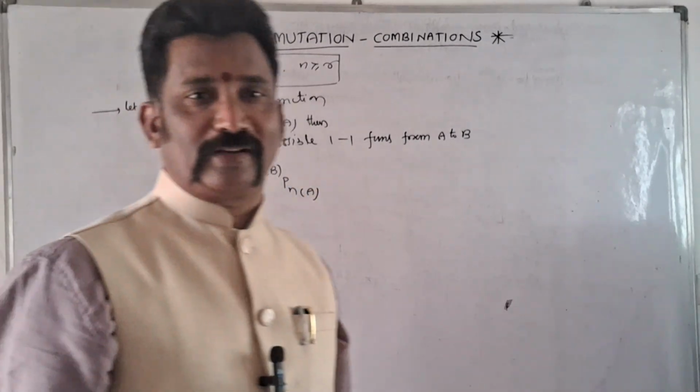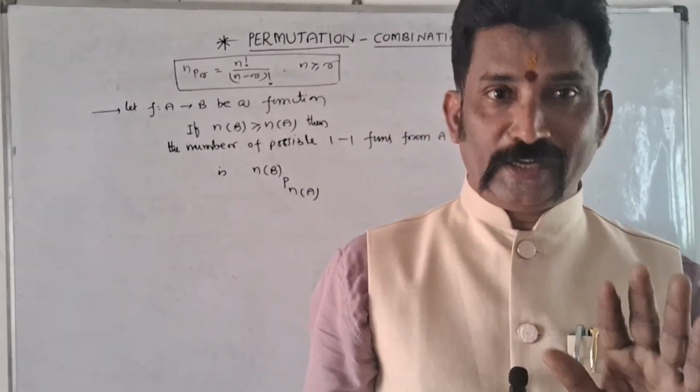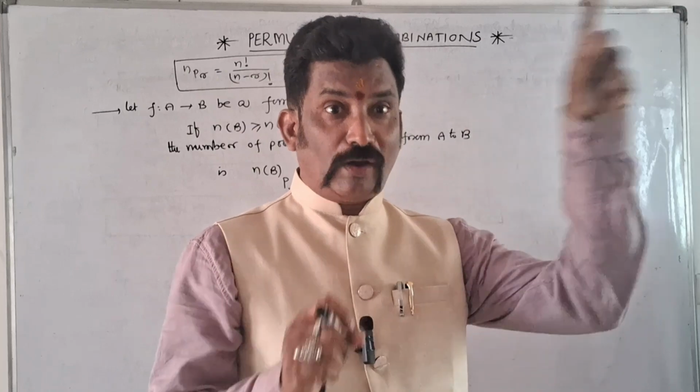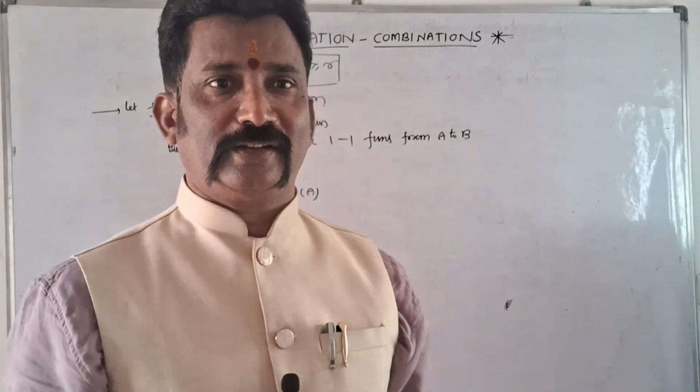It is the application part. P means permutation, arrangement. Now we have to apply that permutation condition on the functions. It is an interlinked question. It is very important for the EAP set.